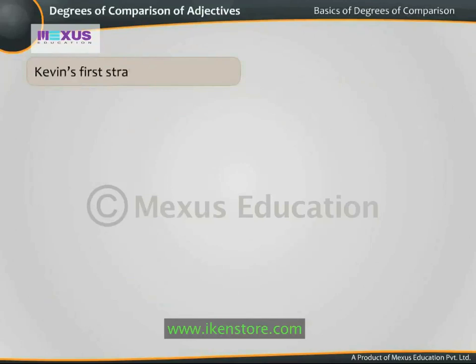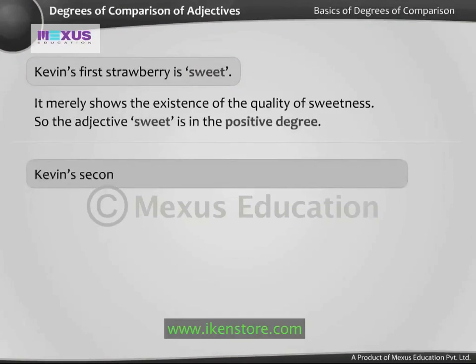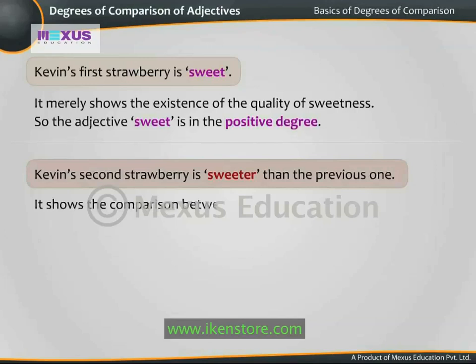Kevin's first strawberry is sweet. It merely shows the existence of the quality of sweetness. So, the adjective sweet is in the positive degree. Kevin's second strawberry is sweeter than the previous one. It shows the comparison between two strawberries.